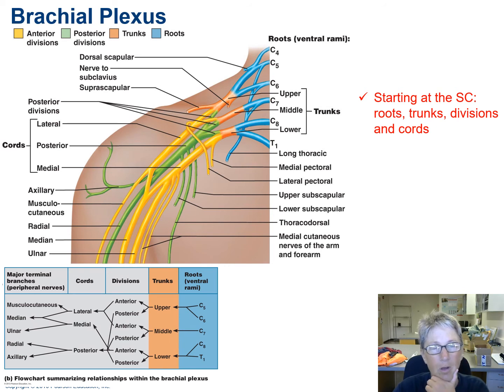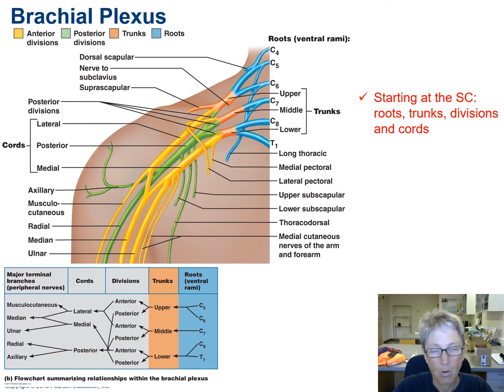breathe. So here's the cartoon of the brachial plexus. So we've got C4 through T1, and starting at the spinal cord, once you form a ventral ramus, well actually the ventral rami, when you're talking about a plexus, is called a root.